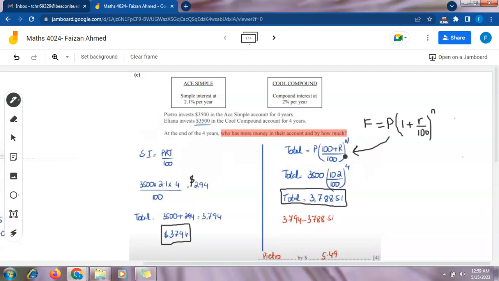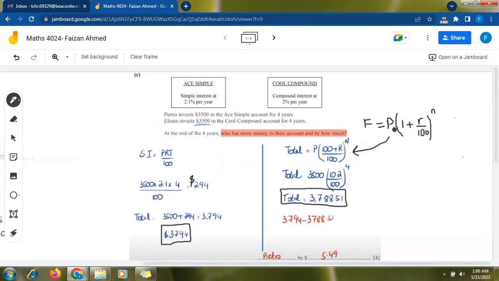And how is this formula the same? If you take the LCM of this bracket, the LCM will be 100, and the numerator will be 100 plus R. So the formula will look like this. These two are both the same thing. If you want to use this formula, you can use it and you will get the same answer.